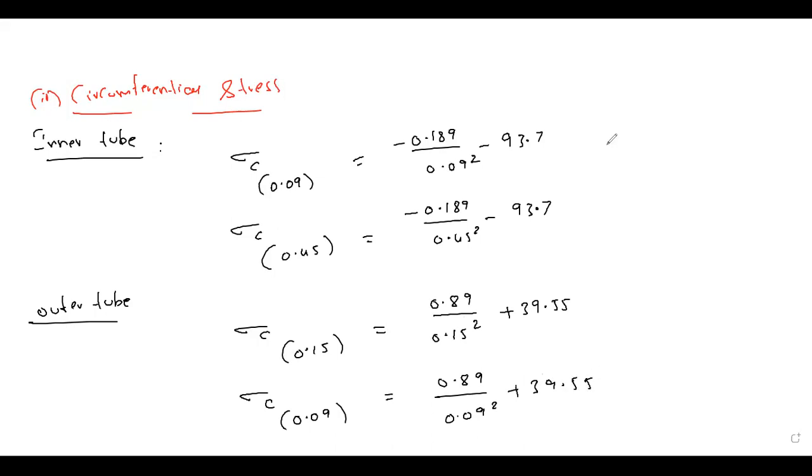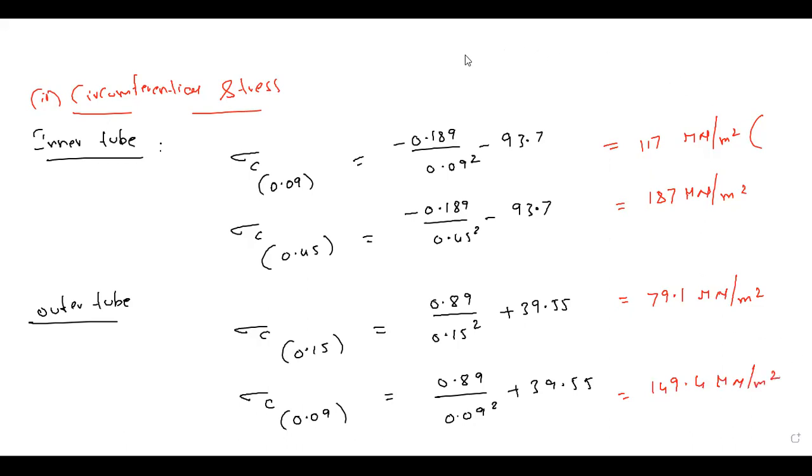So what are the circumferential stresses you finally get at the inner tube radius and outer tube radius? 117 meganewton per meter square, and you have to say whether it is compression or tension. This is 187 meganewton per meter square, this is 79.1 meganewton per meter square, and this is 149.4 meganewton per meter square.